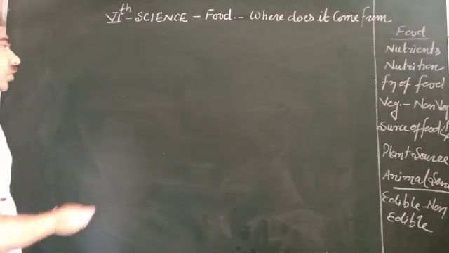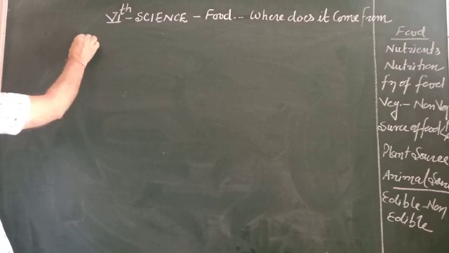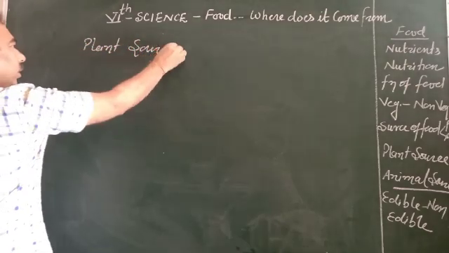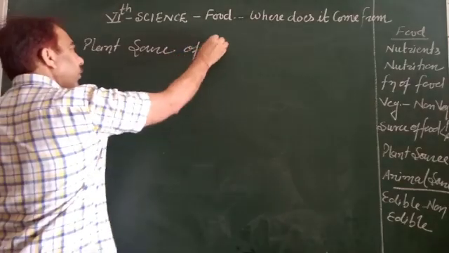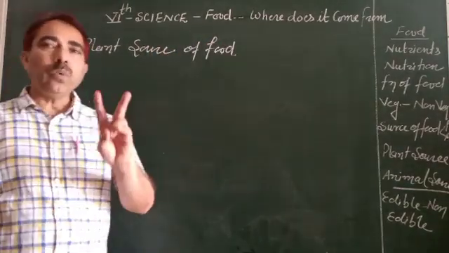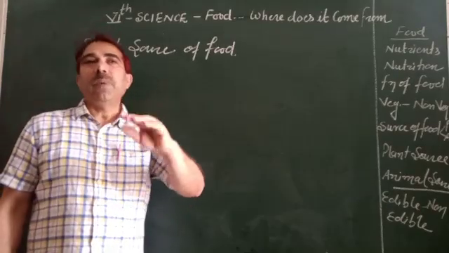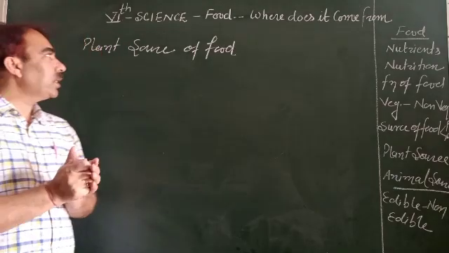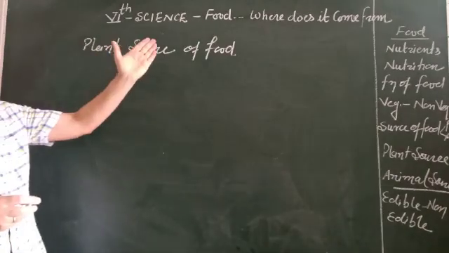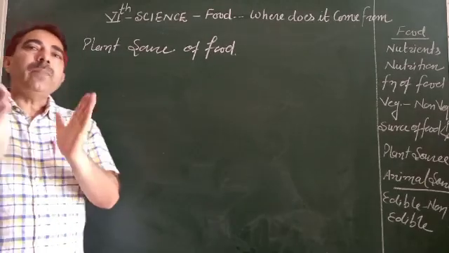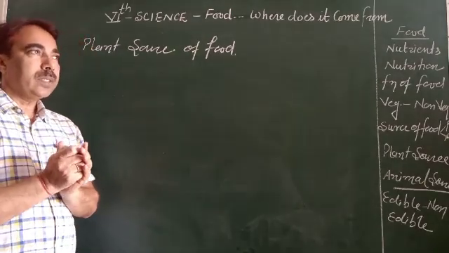Our next topic is plant source of food. Let me tell you first, there are two main sources of food: plants and animals. So first we are going to discuss plant source of food. There are two types of parts in plants.